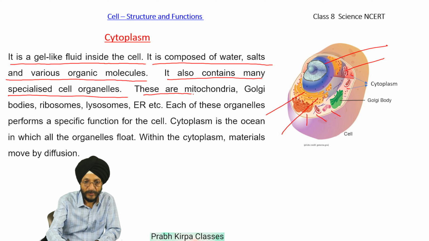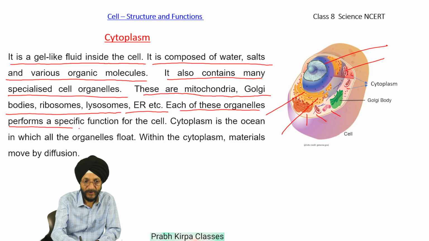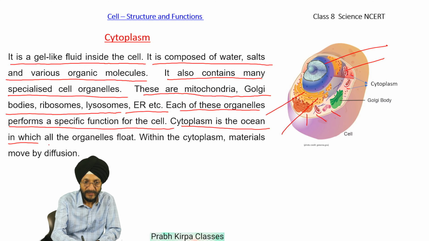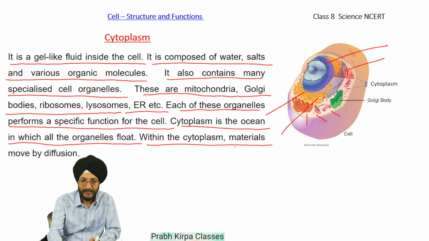So these organelles are mitochondria, Golgi bodies, ribosomes, lysosomes, endoplasmic reticulum, etc. Each of these organelles performs a specific function for the cell. Cytoplasm is the ocean in which all the organelles float. Within the cytoplasm, materials move by diffusion.